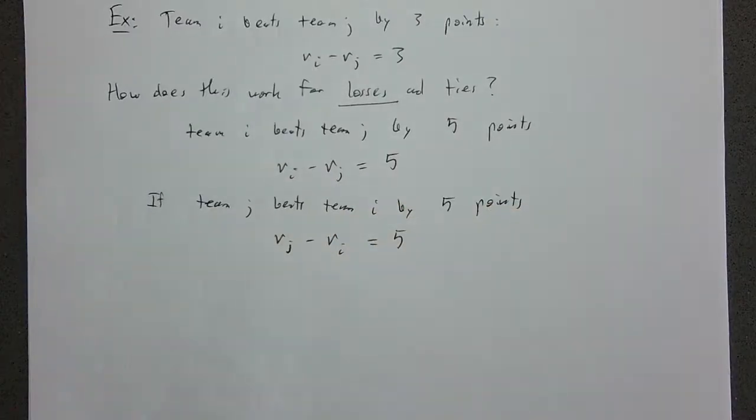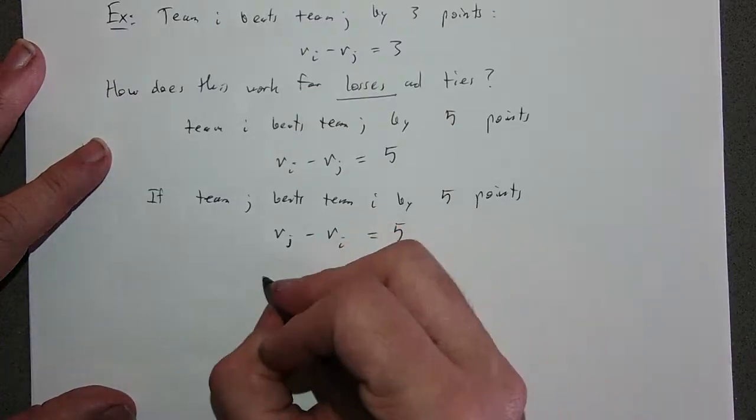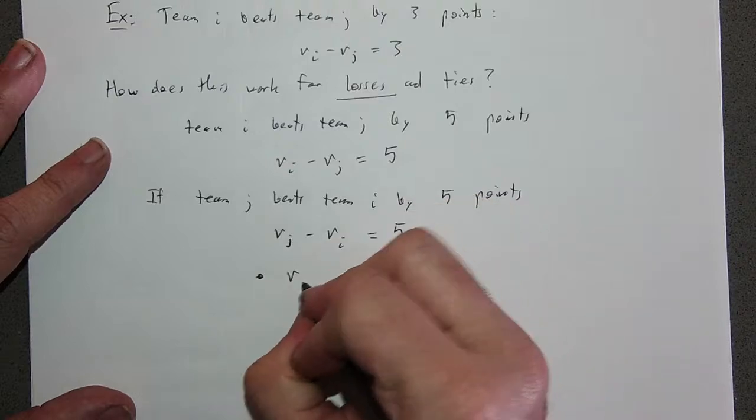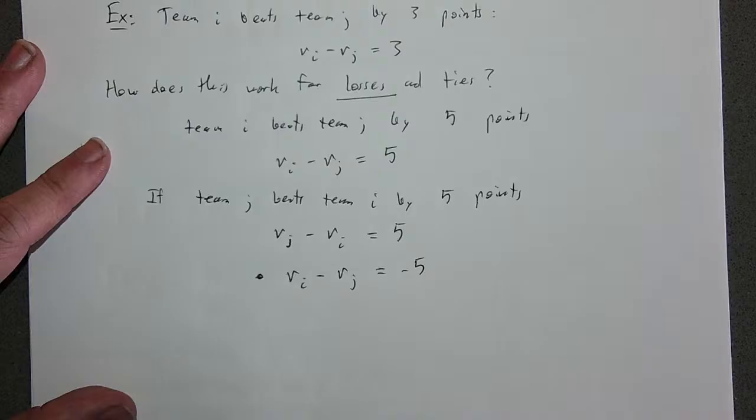But notice that I could write this in another way as R sub I minus R sub J is equal to minus 5.